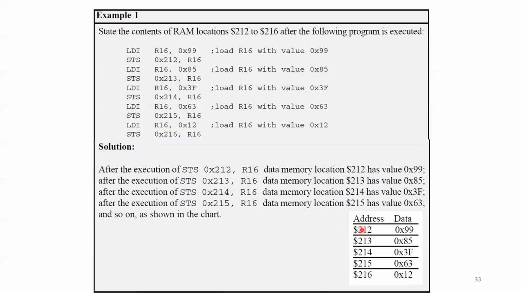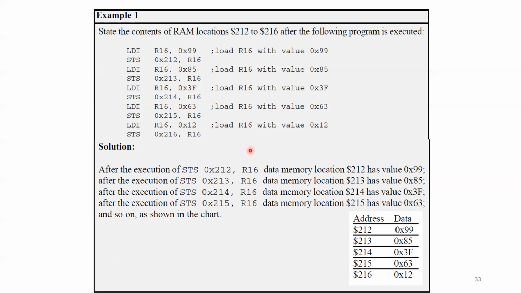We have memory locations 212, 213, 214, 215, 216. After the first two lines, we find the value in 212 is 99. Then after the second instruction, 213 would have 85. Then 214, 215, 216 would have the values 3F, 63, and 12. So this would be the result of this example.